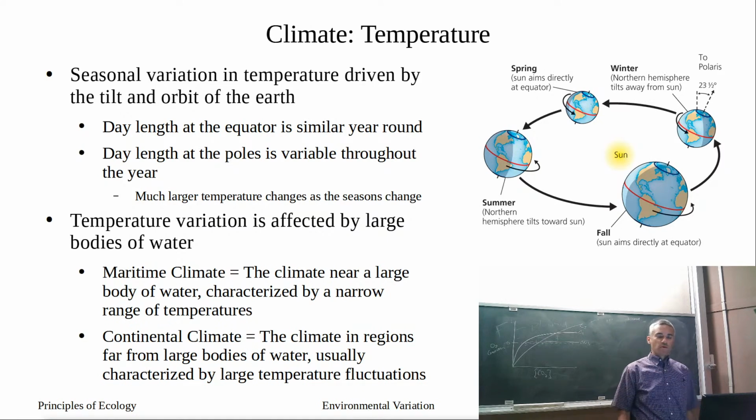Our orbit's not a perfect circle around our sun. Our sun's not right in the middle of our orbit. On one side, the Earth's closer during part of the year than other times of the year. So that's one. The farther we are, the less solar energy we receive.